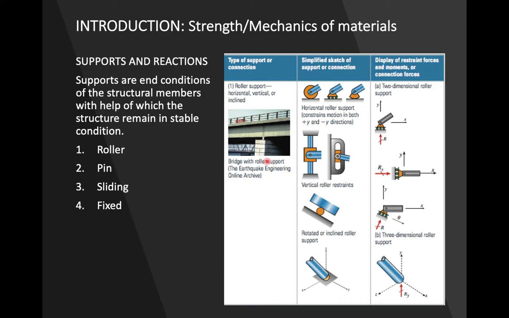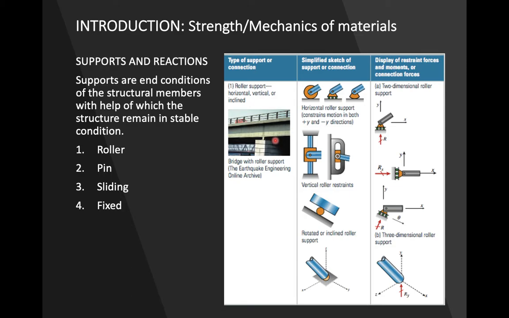You can see in flyovers also they provide bearings under the girders. These are basically longitudinal girders, and under these girders they provide bearings. Why are the bearings provided there? To cancel out the vibrations of the bridge.